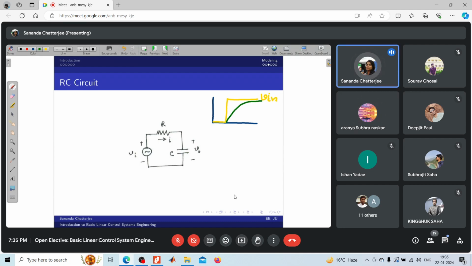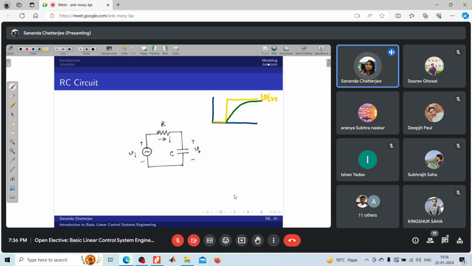So charging means it will depend on something. Why are you calling it charging? Because, ma'am, it is storing some energy. So the key point is that in this plant there is an energy storing element. Energy storing element means it has some information.